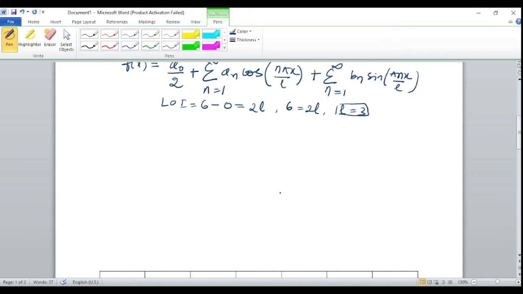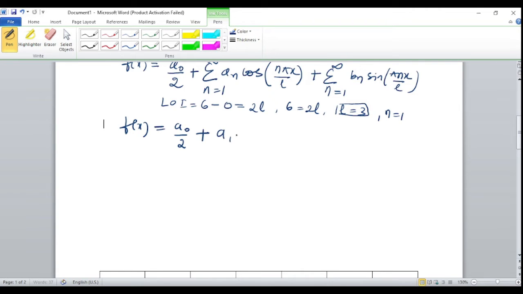Now therefore the Fourier series becomes f of x is equal to a0 by 2, which is the constant term. Substitute n equal to 1 and l equal to 3.